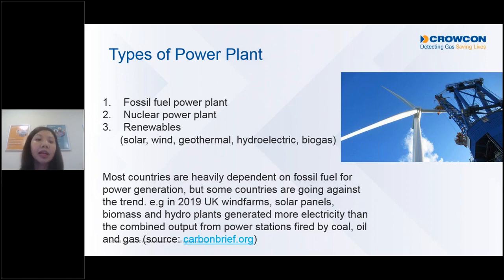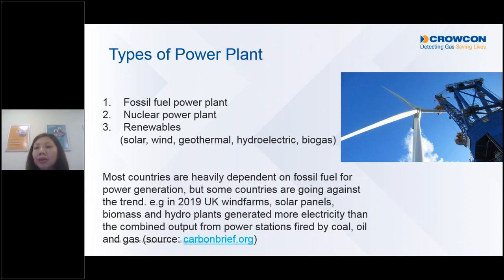In addition to biogas, you have hydroelectric, that is energy from water, especially from a dam. Geothermal is energy from a geothermal plant, which is basically hot water coming up from the ground in countries where they have active volcano, to generate very hot water that is enough to generate enough steam to turn a turbine. Then wind energy as well as solar energy.